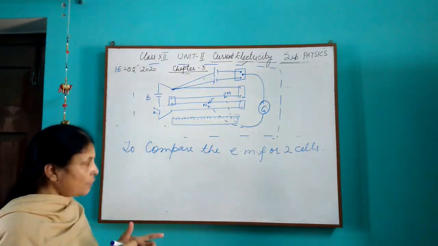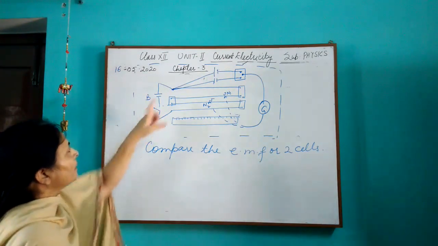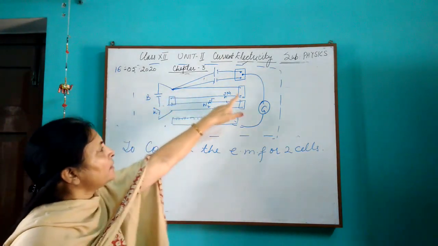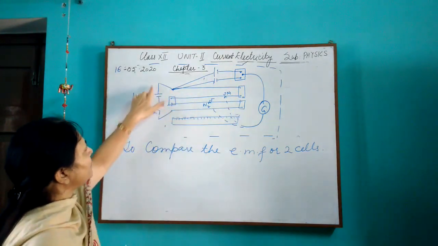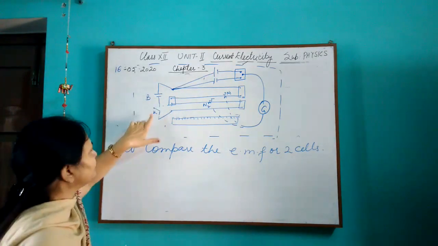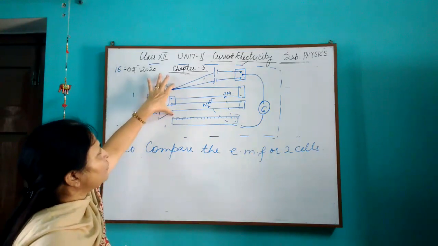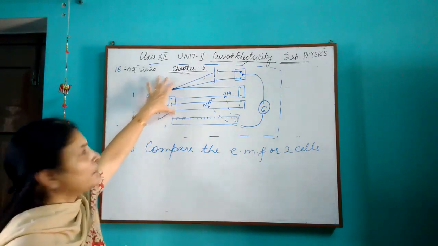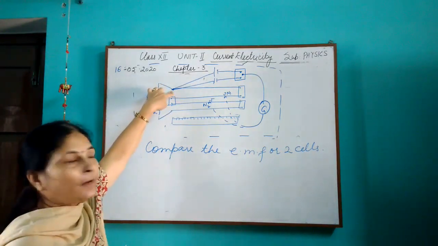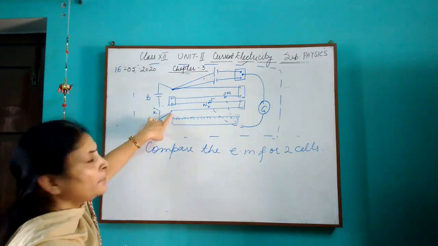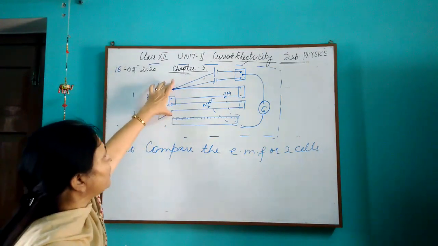Alright. See how we are doing it. See, to flow the current in the given wire, we have attached a battery and a key across the ends of the wire. See, this is the initial point of the wire. This is the final point of the wire, or two extreme ends of the wire are these two.